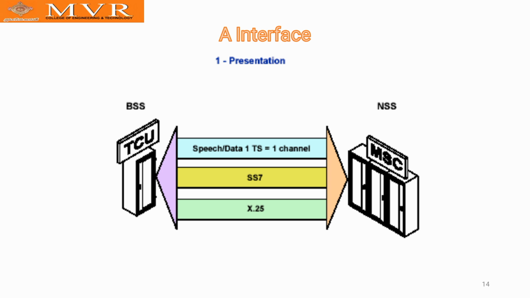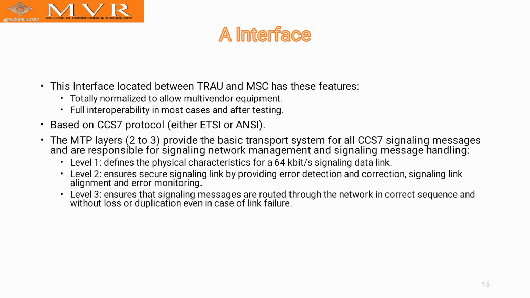So the A interface acts from the transcoder unit to the MSC. The transcoder unit is in the base station subsystem and the MSC is in the network switching subsystem. The A interface is located between the transcoder unit and the mobile switching center.